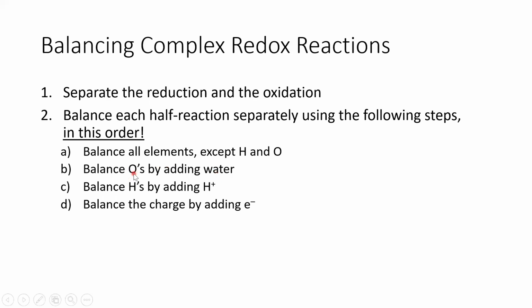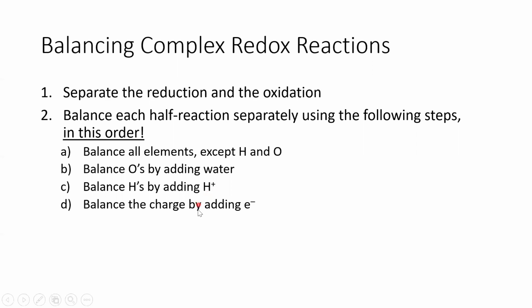After we've balanced the oxygens by adding water, then we balance the hydrogens by adding hydrogen ions. And the reason we do that is because most redox reactions are in not just water, but they're in acidic solutions. So there are hydrogen ions available in order for the reaction to take place.